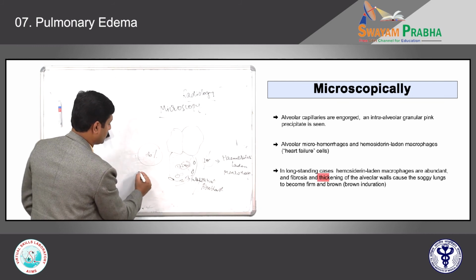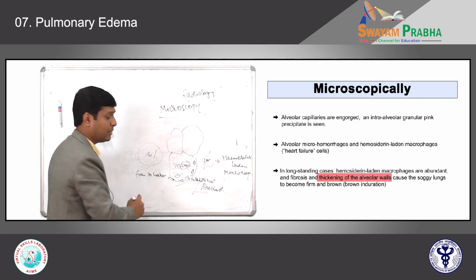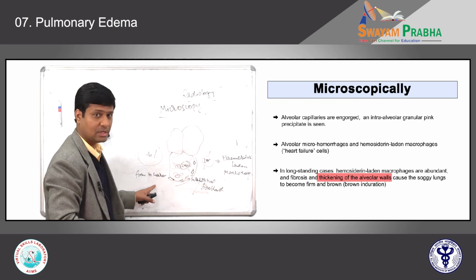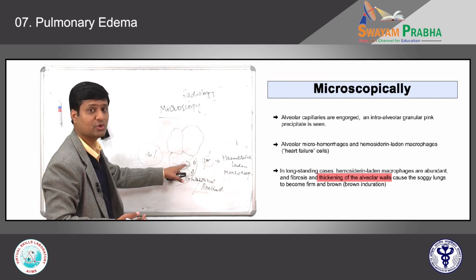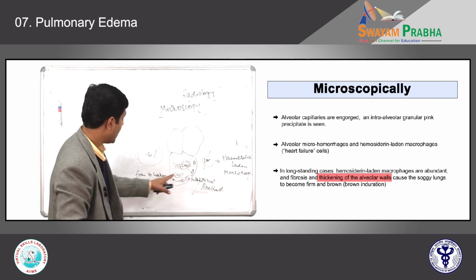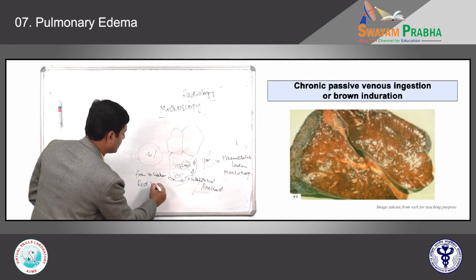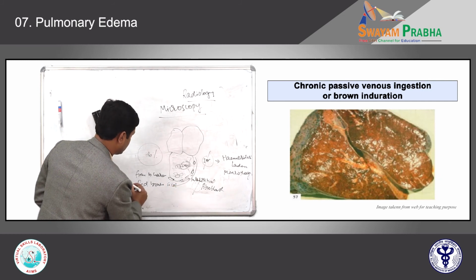So when you see the gross lung in the end stage at this level, you will see only a firm to hard lung, mainly because it is a chronic process. A lot of fibrosis has developed, the fluid is almost gone, and it is filled up with a lot of hemosiderin-laden macrophages, and it is dark red to brown in color.